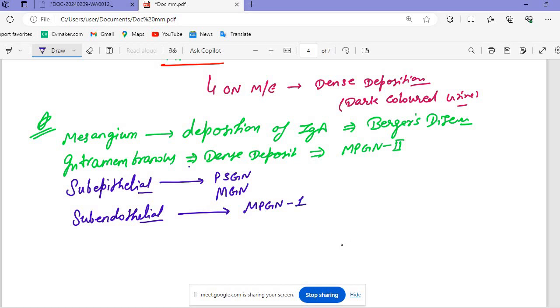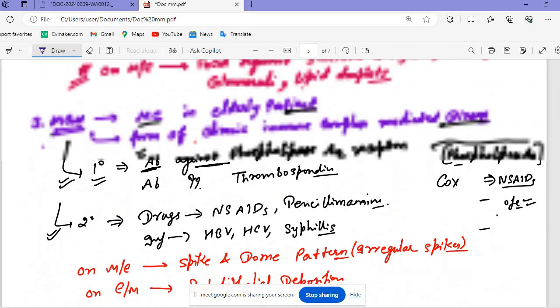Remember yesterday we studied SLE, and I think we didn't write the wire loop lesion. The wire loop lesions are subendothelial, so write there in SLE: wire loop lesions. That you already know, so no need to worry.